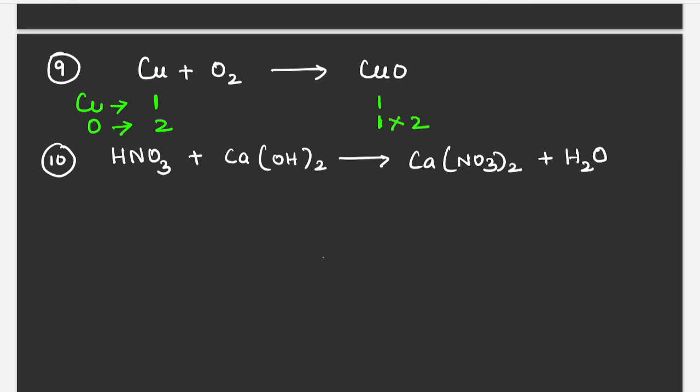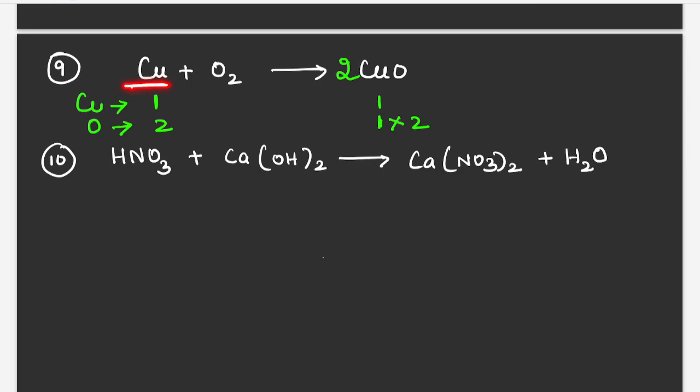So now students often what they do is this 2 they will write here. So that is wrong. Whatever number you write, you have to write here. You cannot write here or here. Always this number has to be written here. So I'll write that 2 here. So after I write 2 here, again you check copper.